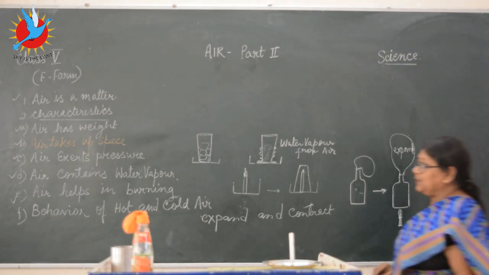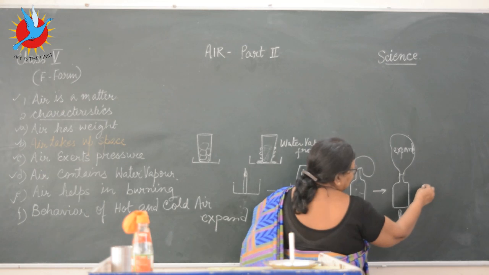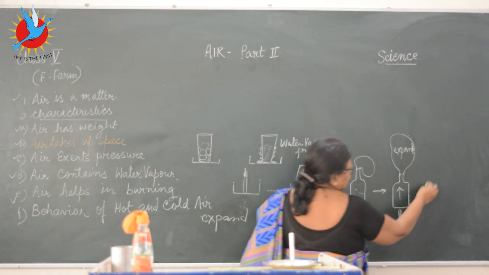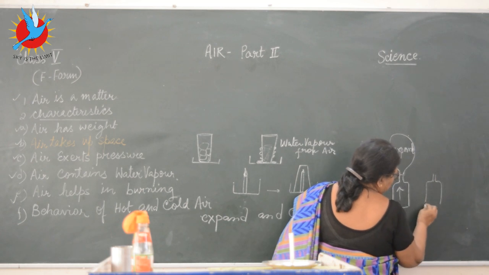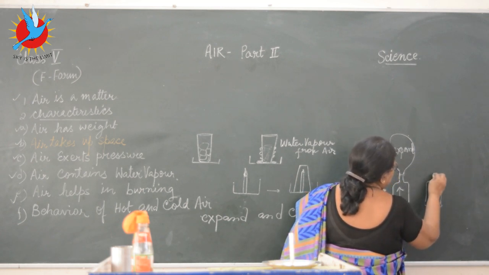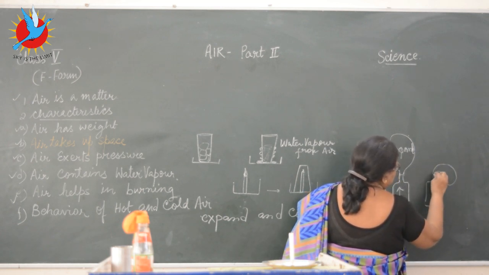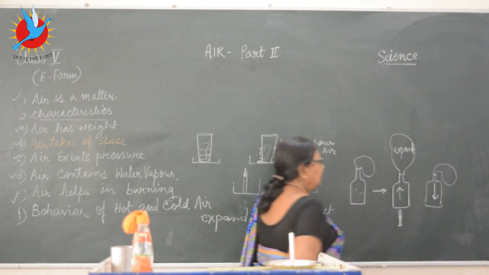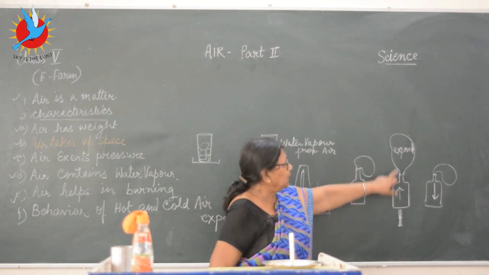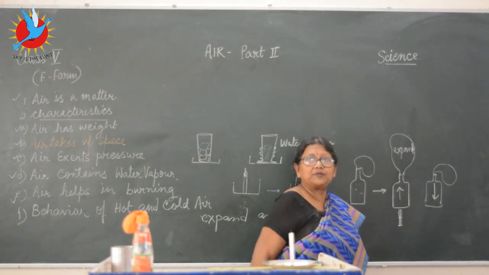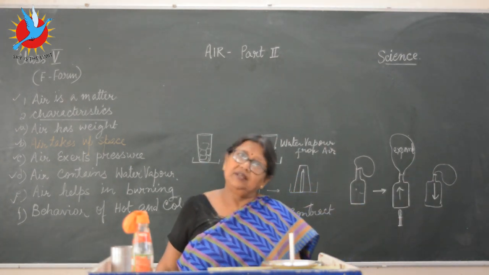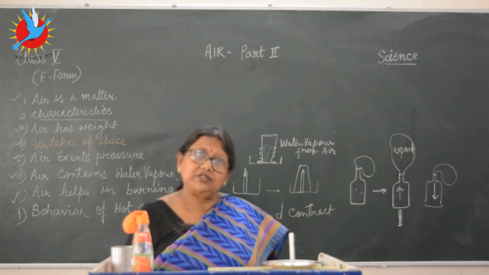Okay, the balloon will expand, and when it cools down, the hot air moving upwards and cool air contracting, the balloon comes back to its original position. Okay, this much for you for this class.